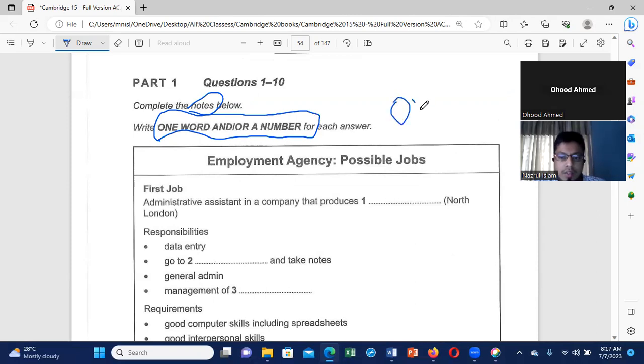One means one word. If I say one item, how many words? Two words. Okay, one item.